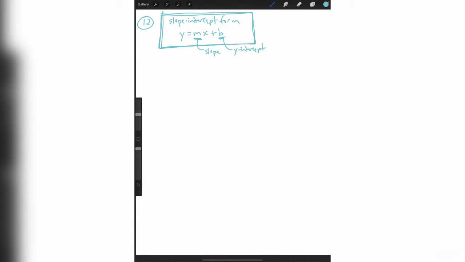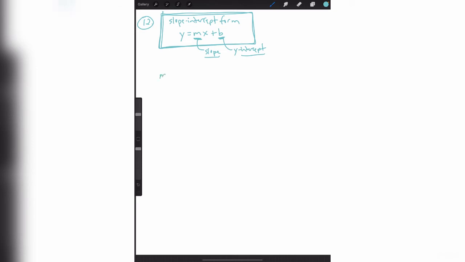That's why they call it slope-intercept form. All right, y equals mx plus b. And y and x are just the variables used to represent any number that could go in there. All right, so what we want to do is put what they've given us into slope-intercept form.